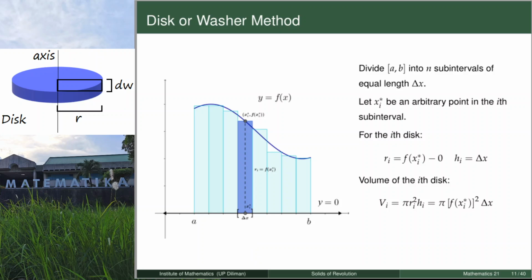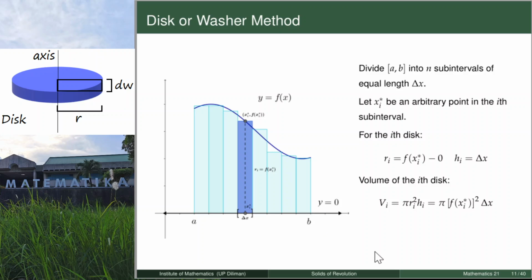Now, each rectangle corresponds to a disk. So, more rectangles means more disks, but these disks will now be very thin. Okay? So, imagine there are many thin disks, and that will give us a better and better approximate of the volume of the solid as we increase the number of those thin disks.